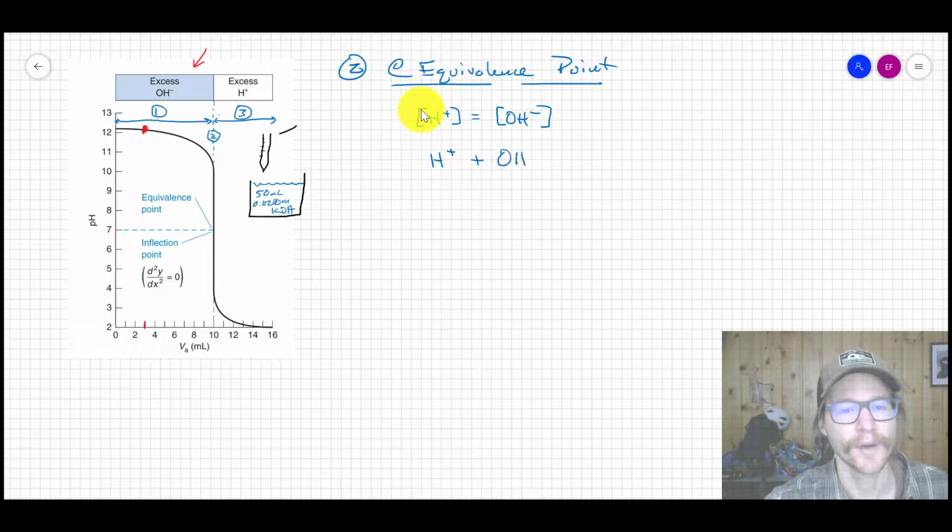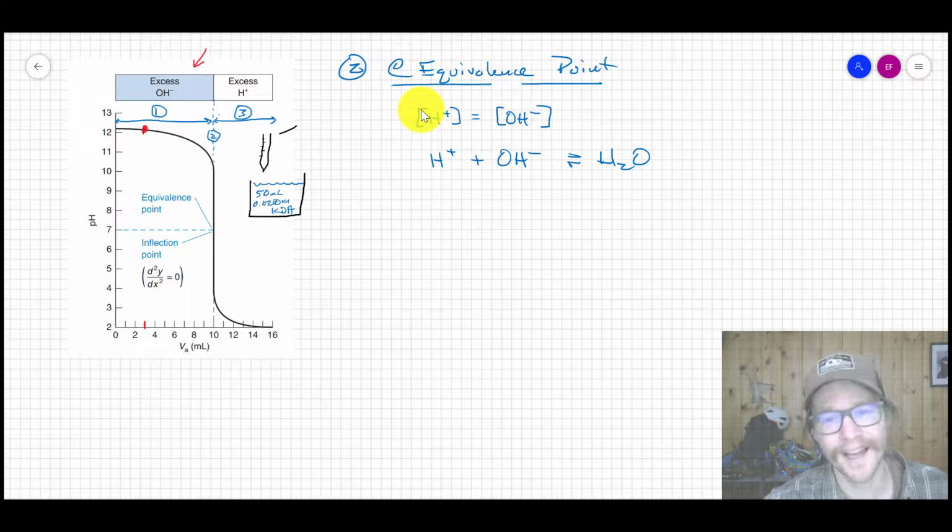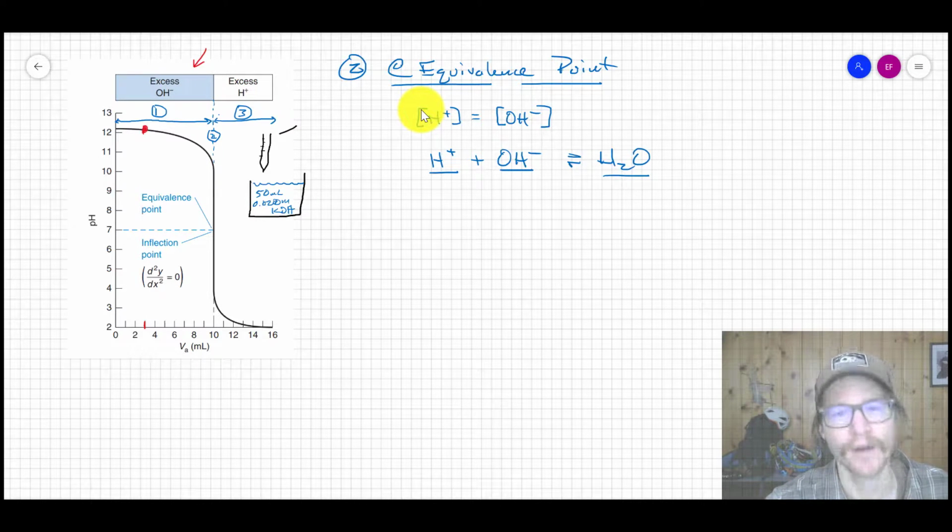So what do you have if you only have strong acid and strong base in solution? At that moment in time, right before equilibrium is allowed to proceed, you have pure water in the system because you added exactly enough protons to completely nullify all of the hydroxide. So you have pure water. That tells you what equilibrium is important, because pure water is all I have in solution. Then you ask, if I have pure water, what's it going to do if I allow it to proceed to equilibrium?